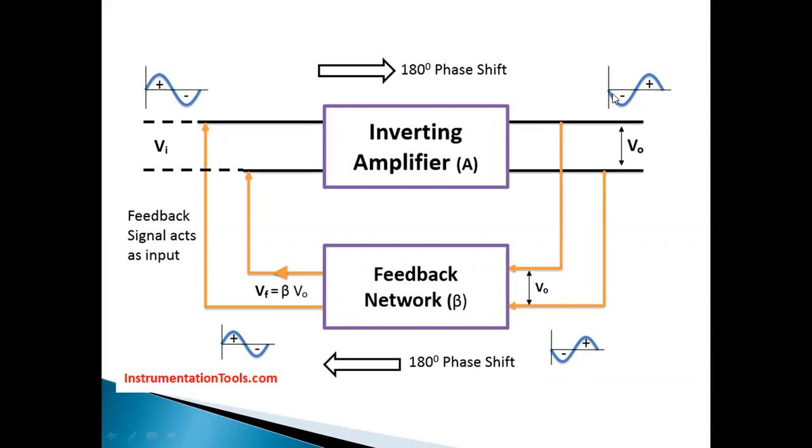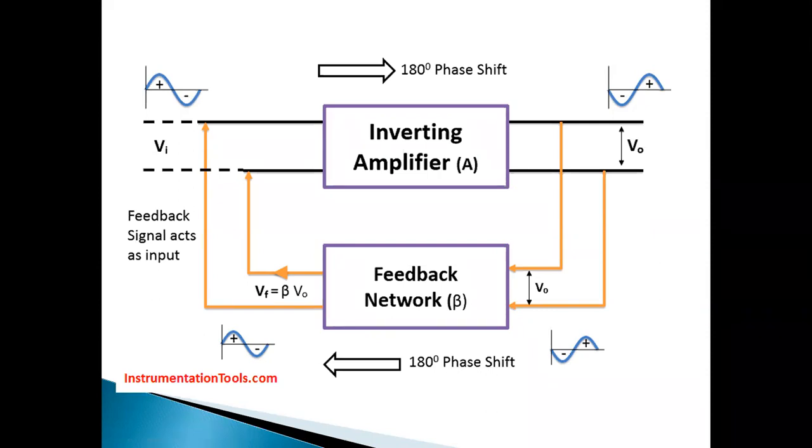But here, whenever we are using an inverting amplifier, it produces a 180 degrees phase shift. That means we can get a phase difference. So in order to provide the same phase as the input signal, we apply a feedback network, and this feedback network provides another 180 degrees phase shift. That is called positive feedback.